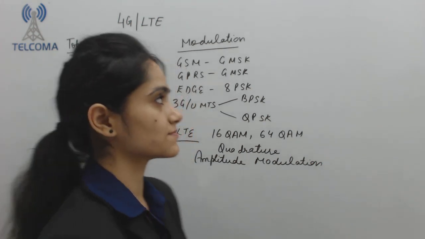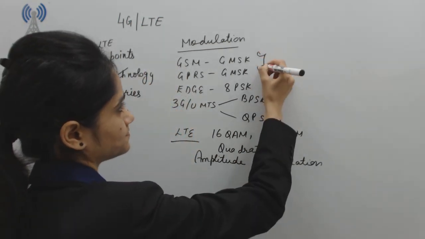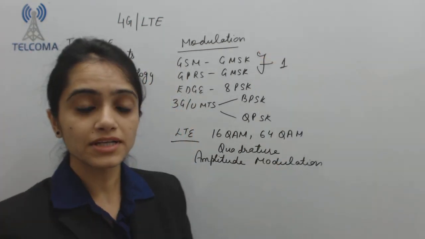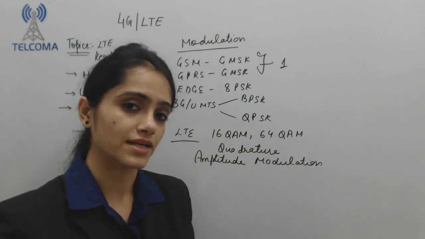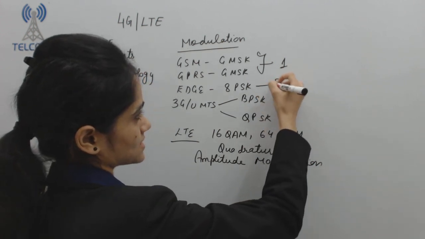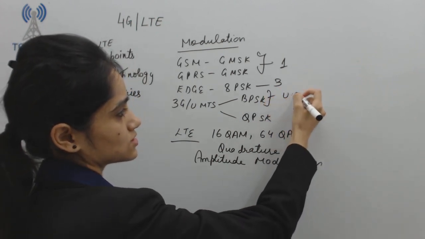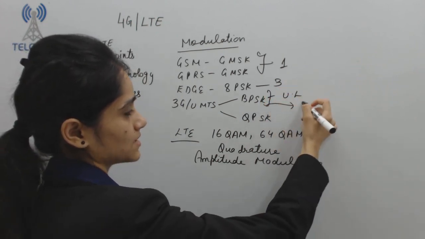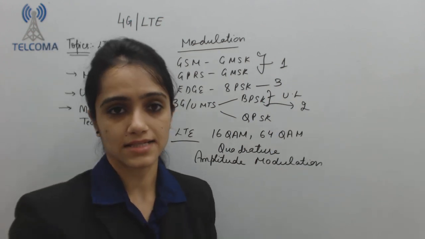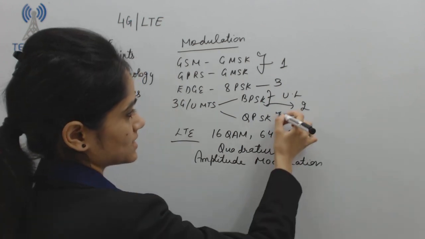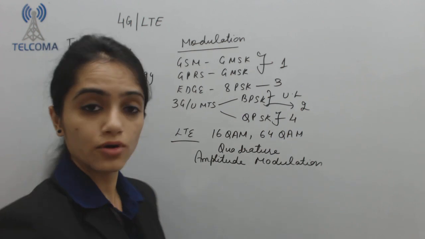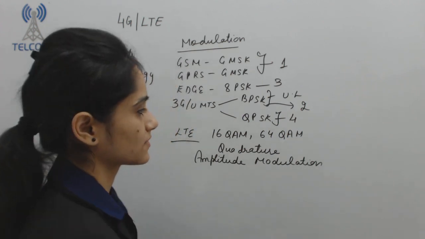Now what is the difference between all? In GMSK, only one bit is processed or modulated at a time. In 8PSK, 3 bits are modulated at a time. In BPSK, this is used for uplink, and BPSK modulates 2 bits at a time. QPSK has a capacity to modulate 4 bits at a time.